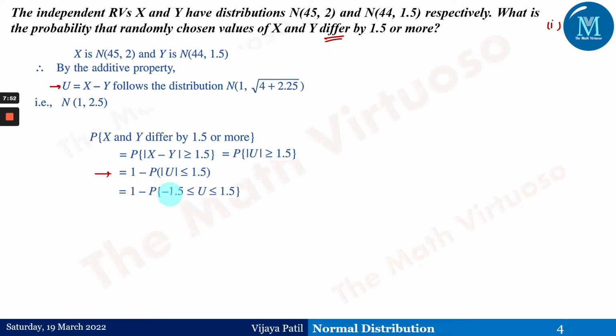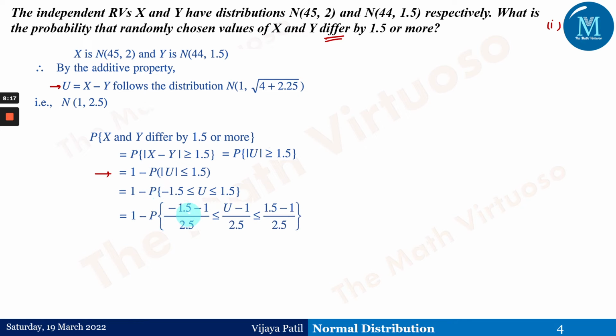Therefore, if you observe here, it's mod of u less than 1.5. That means we have the value 1.5 as minus 1.5, so u lies between minus 1.5 and 1.5. If mod of u is less than or equal to 1.5, then u lies between minus 1.5 and 1.5. This is the property of inequality using the modulus.